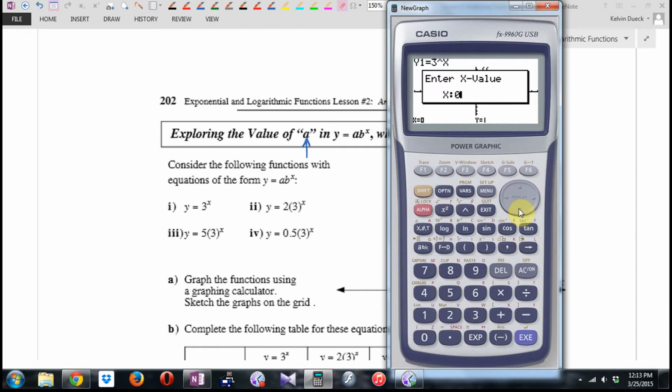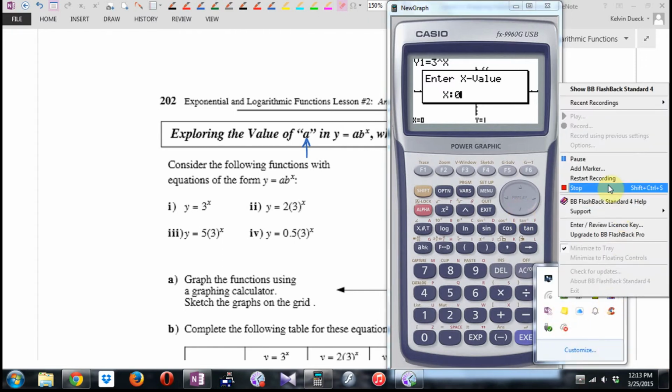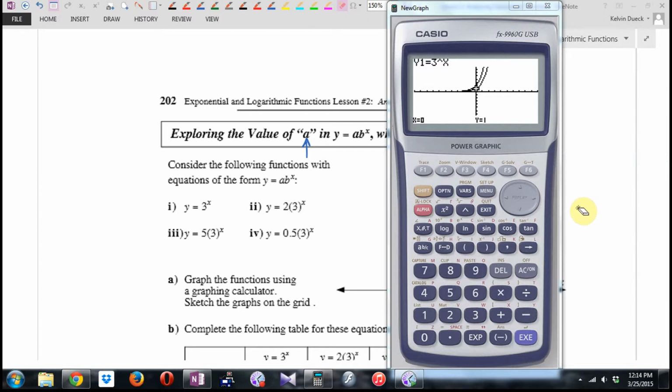Now, on the old machines, hang on. If you have an older machine, instead of hitting F1 trace, you're going to hit F5 for G-solve. And you should have that option. And then you're going to go arrow sideways, which is F6. You with me?